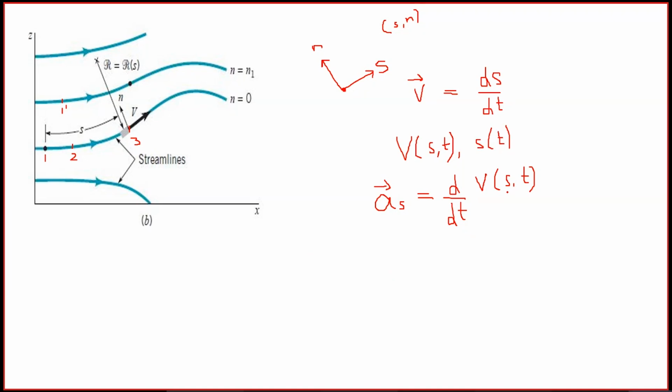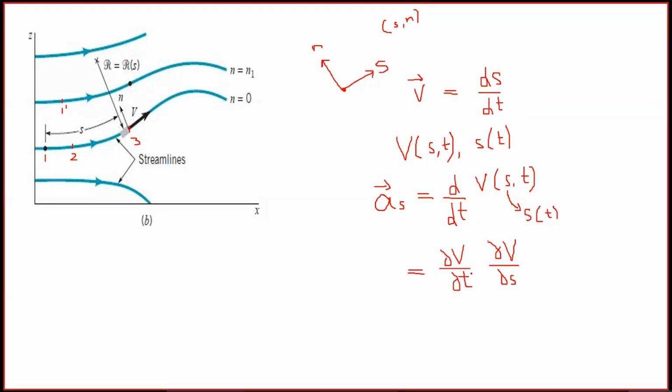Because s is also a function of time, we'll just be applying the chain rule. We will take the partial derivative of velocity with respect to time, and because s is also dependent on time, we'll take the derivative of velocity with respect to s, right? Clear? Yes, sir.